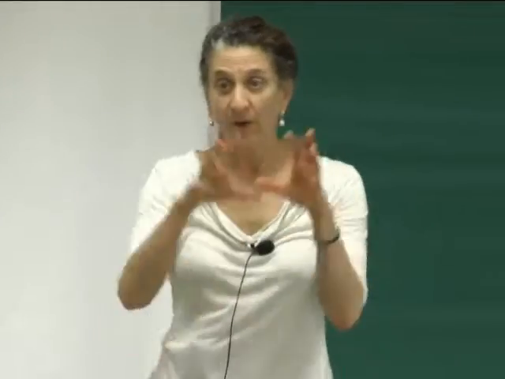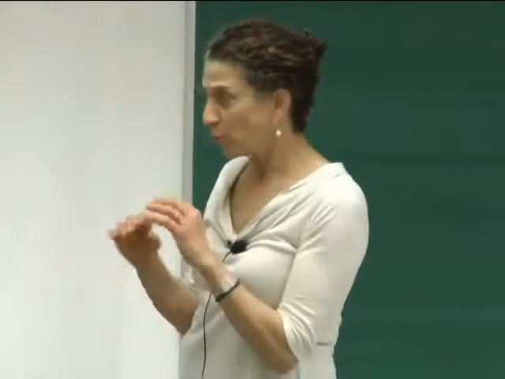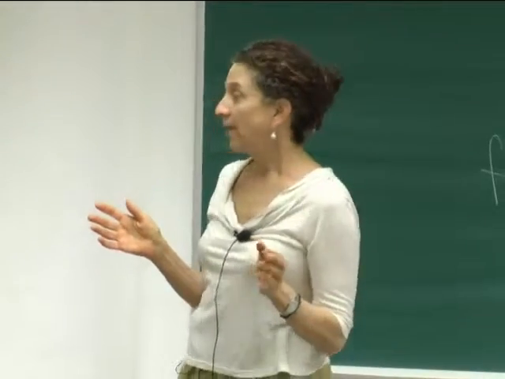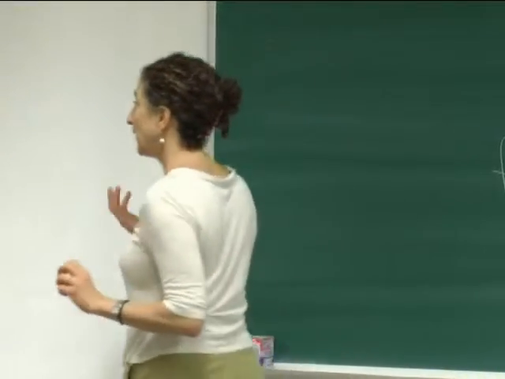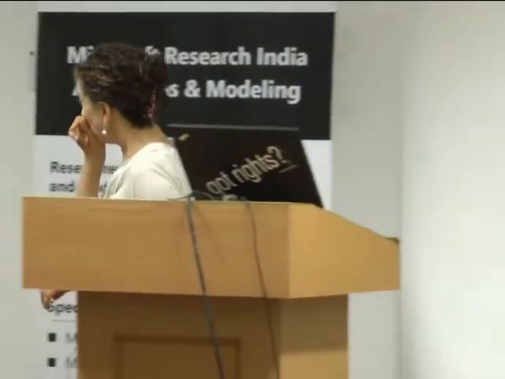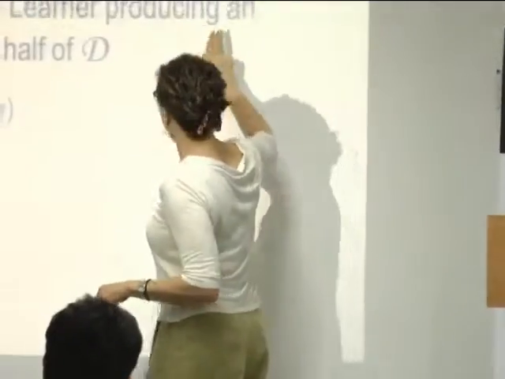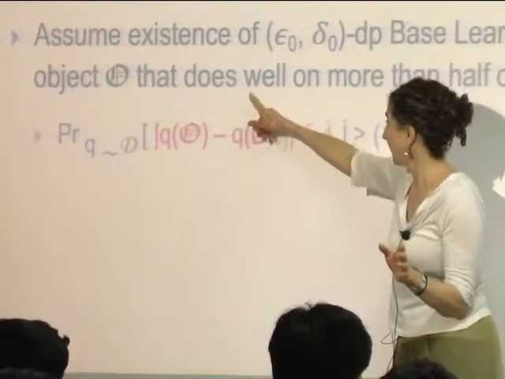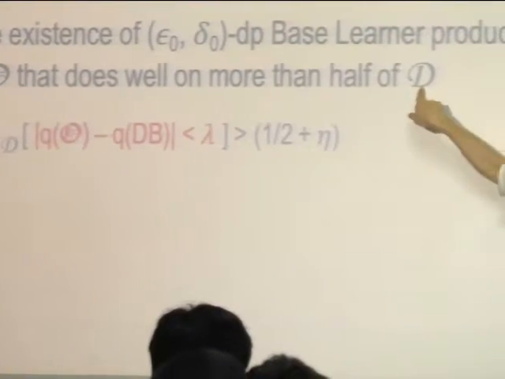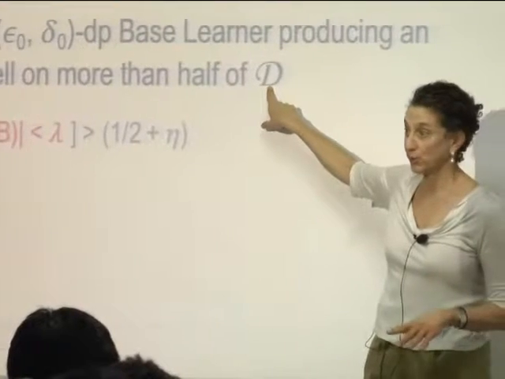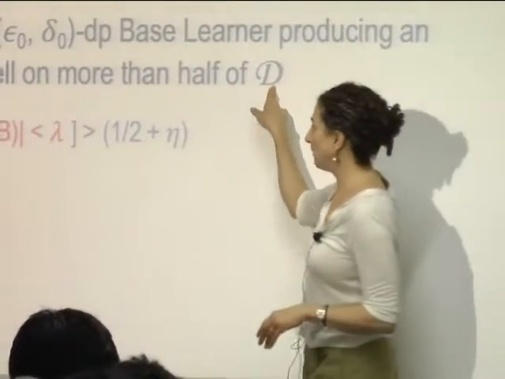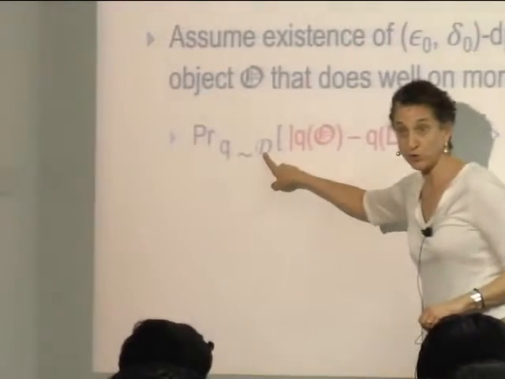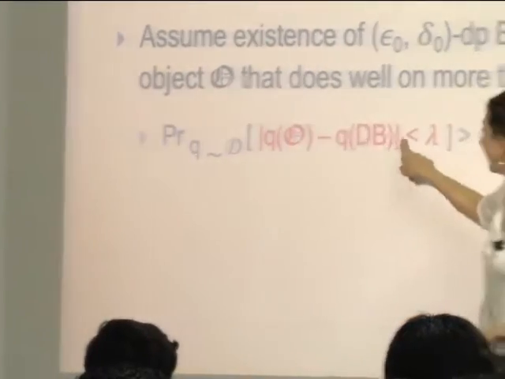For now, for the boosting algorithm, we're simply going to assume the existence of a private base learner that, given an object O, will give good answers, which I'll define in a second, on more than half of the weight of the distribution on queries. So what does that mean? It means that the probability, if you sample from this distribution on queries, that you get a good answer.